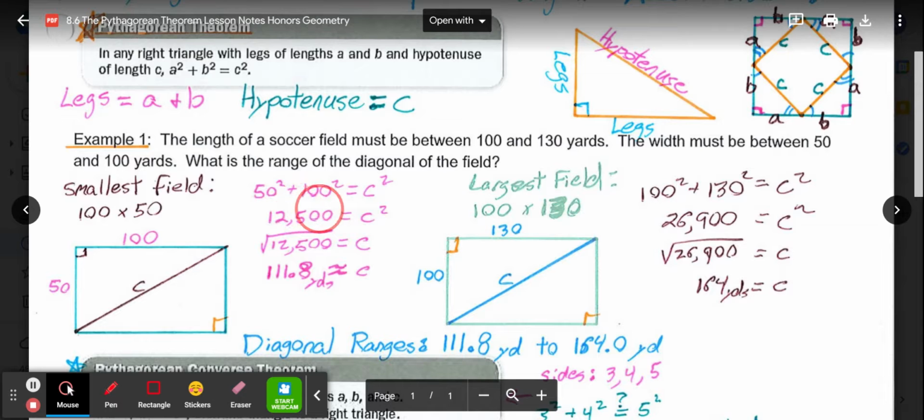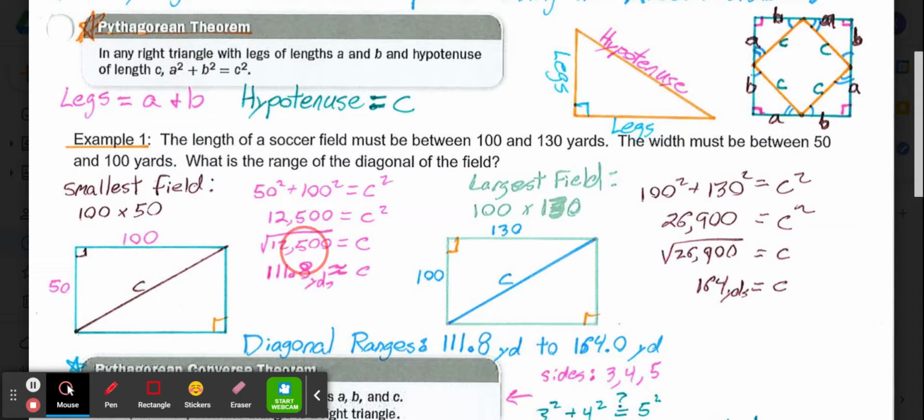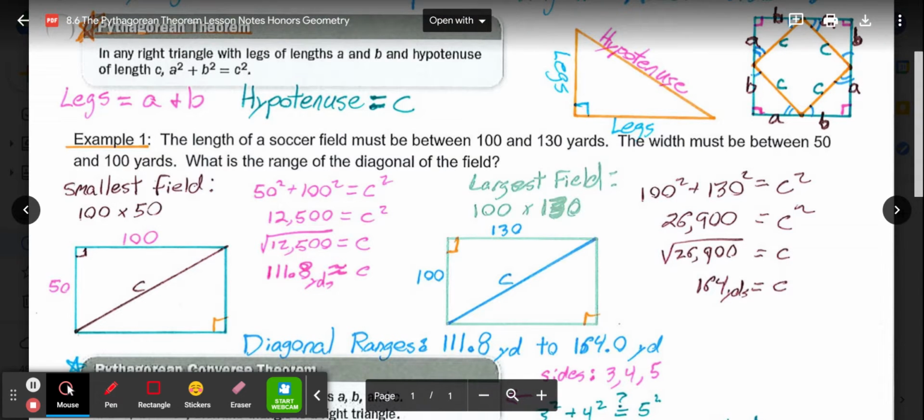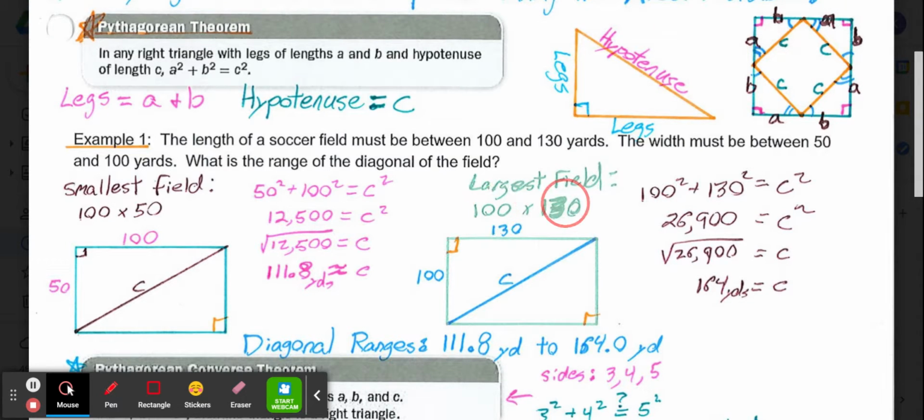So 12,500 equals c squared, square root to get what c is, and c is approximately 111.8 yards. Then for the largest field, we have a 100 by 130 rectangle. So our legs would be 130 and 100. The diagonal is the hypotenuse.